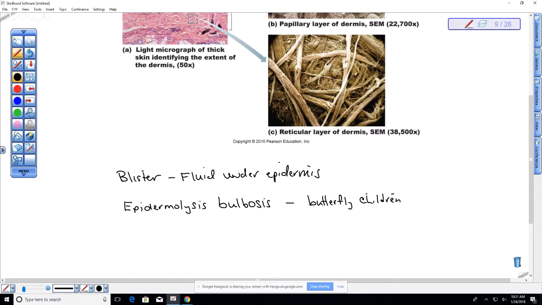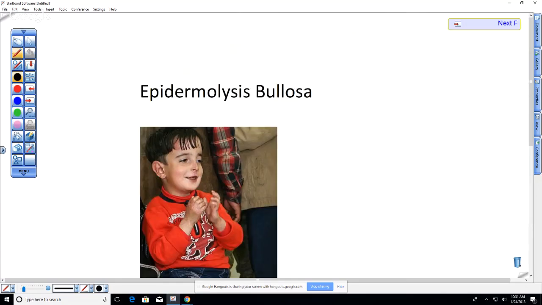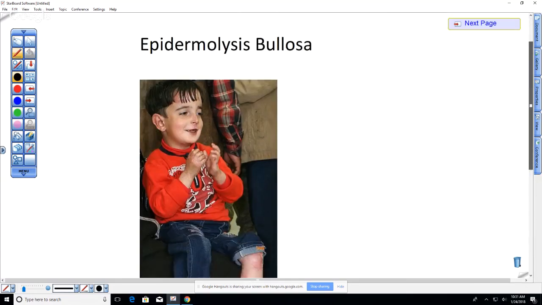Because in butterflies, the scales rub off very readily on the butterfly wings. And in the children with the epidermolysis bullosa, their skin actually will rub off. And there's different degrees of severity of this. So there's a couple of different genetic abnormalities that are related to this. And so this would be an example.